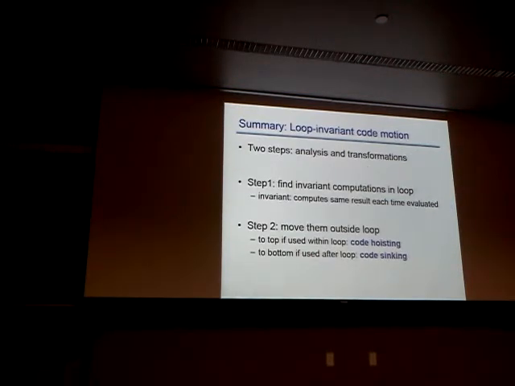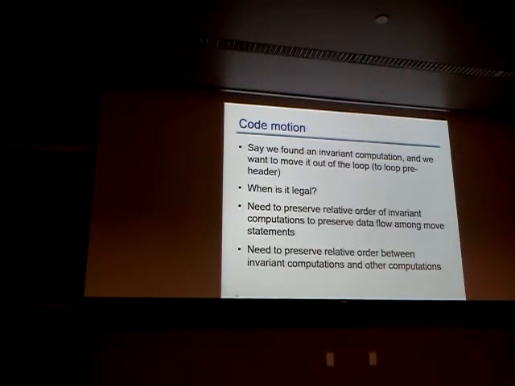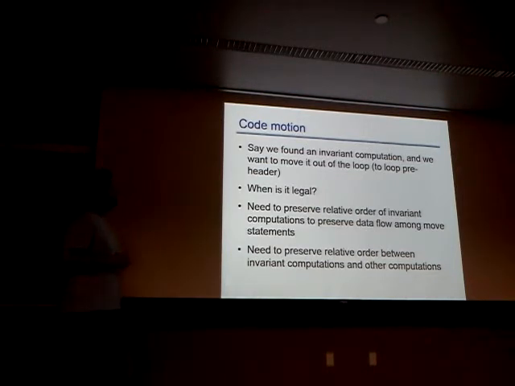So that was loop invariant computation, figuring out what things are loop invariant. The next step is figuring out what we can move. Say we found an invariant computation and we want to move it. When is it legal?